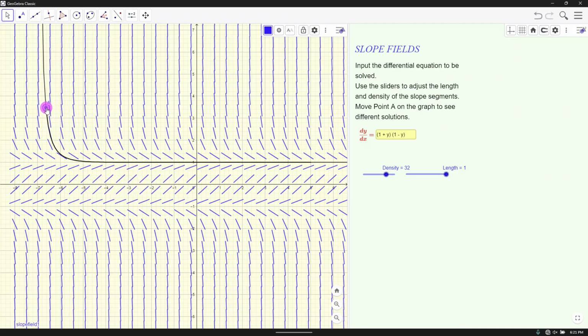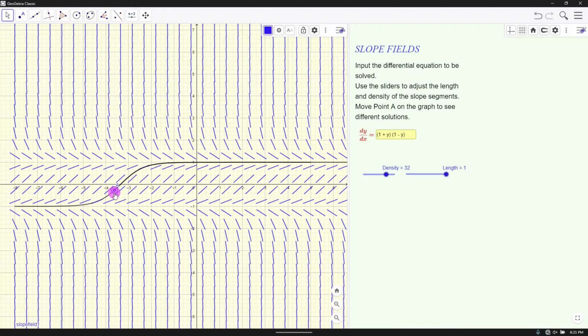If I choose another point right here above the horizontal line y equals 1, see how all these curves also converge to y equals 1.